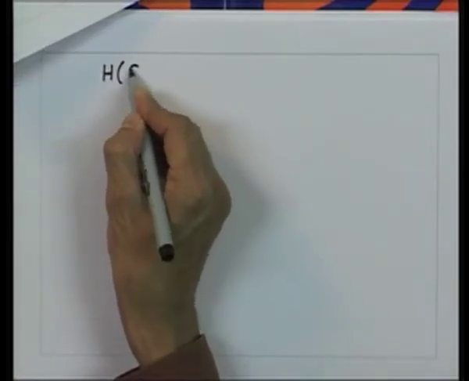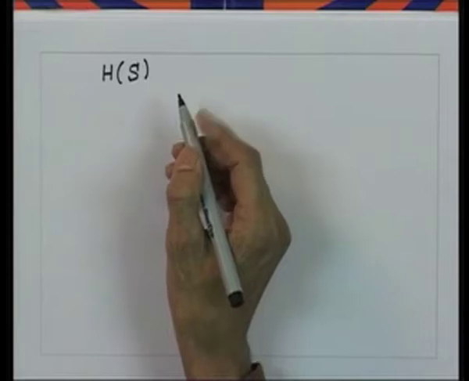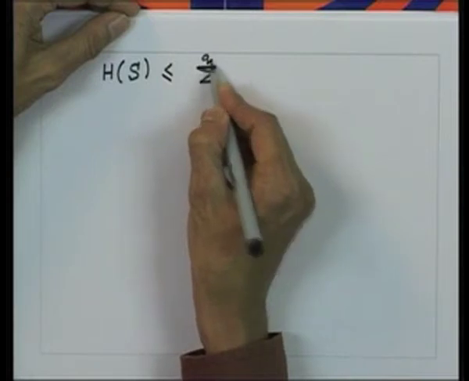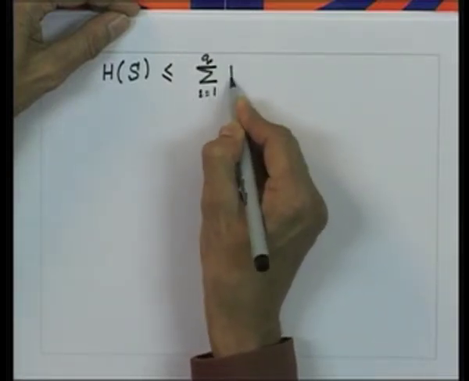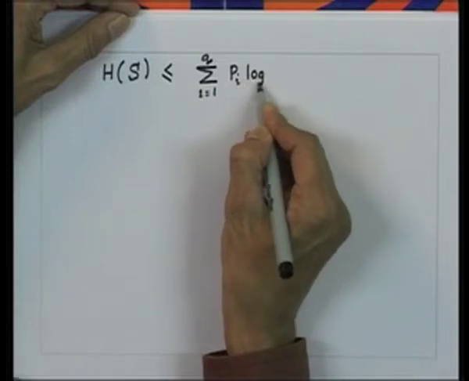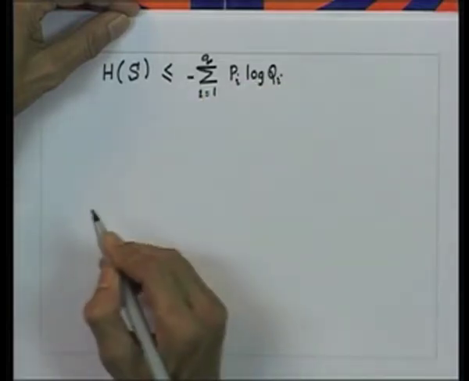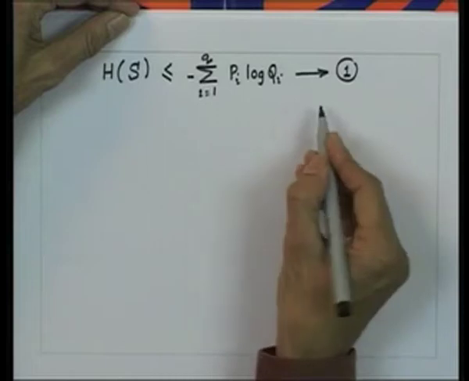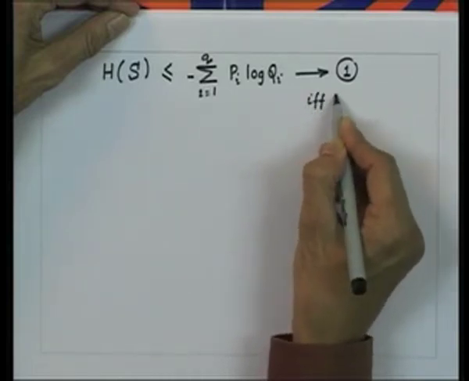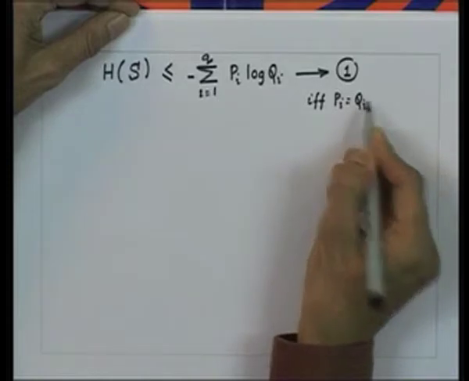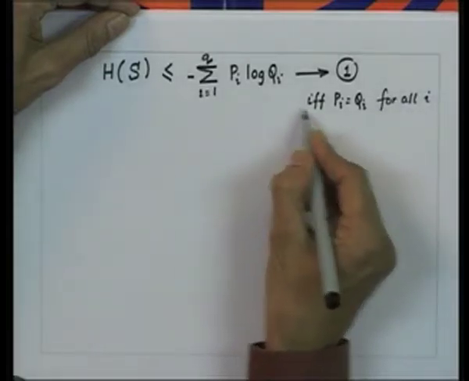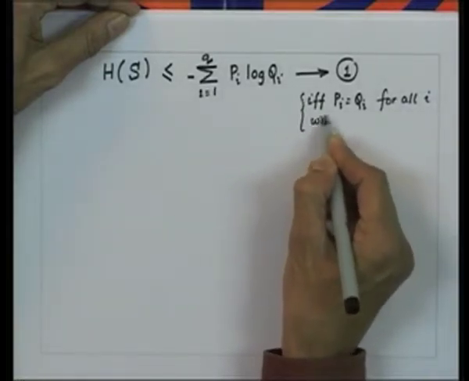So, on the left hand side I can write H(S) is less than or equal to the summation of Pi log of 1 by Qi, with equality if and only if Pi is equal to Qi for all i.